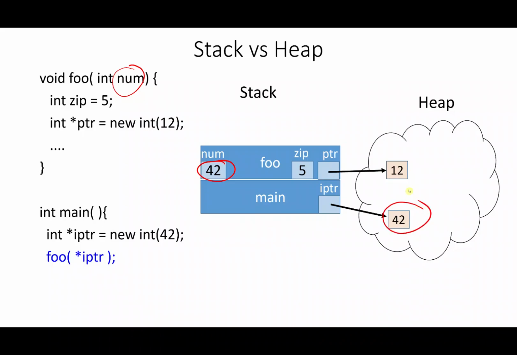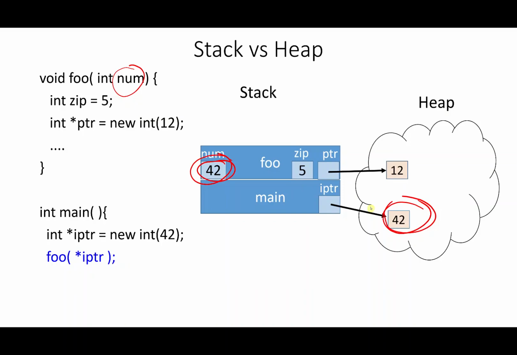And I go inside my deposit box in the bank, and I copy that 42 and give it to you. I have 42 bucks inside my box. I go copy the 42 bucks and give it to you to store in your pocket. And I'm referring to your pocket as a local variable in the stack, and the bank as the heap.